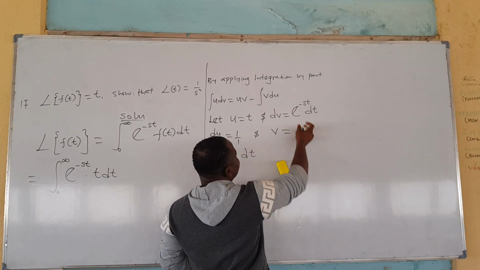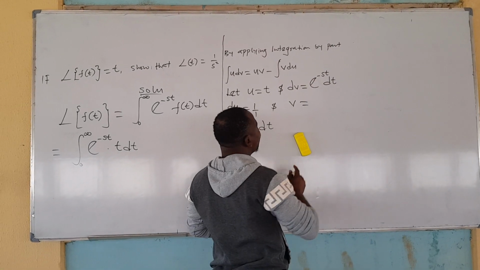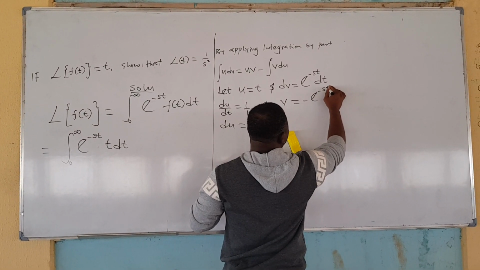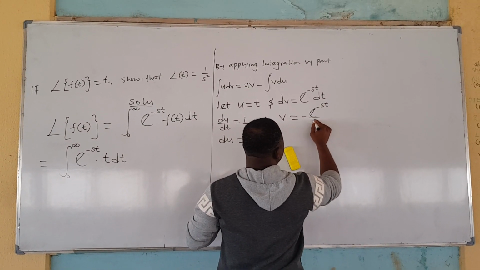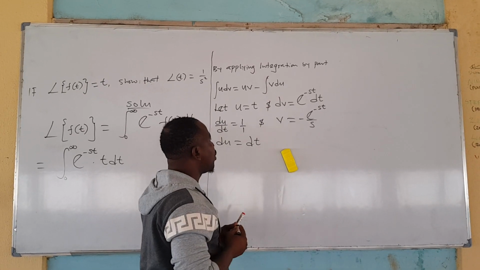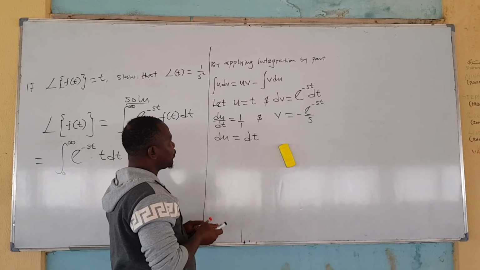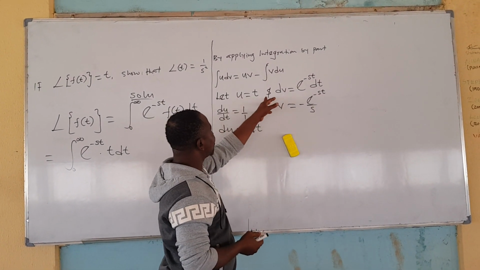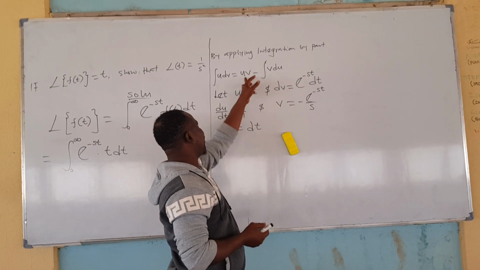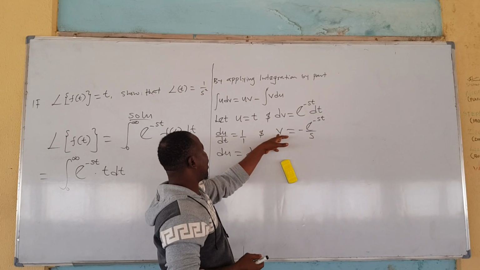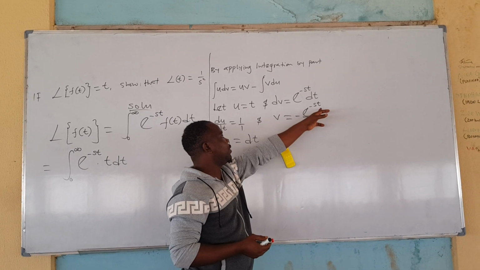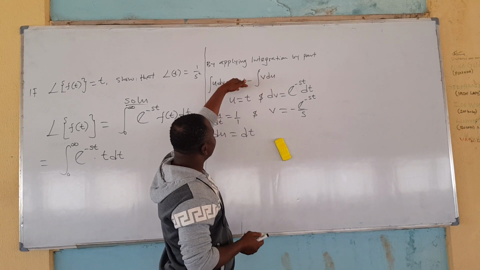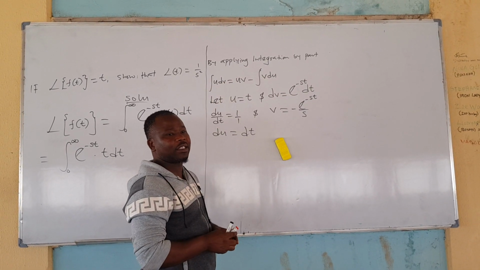If we integrate exponential minus st, we are going to have minus exponential minus st all over s. This is what we will have. Then we are going to substitute in these values. u equals t, our ordinary u. Then our ordinary v equals minus exponential minus st all over s.